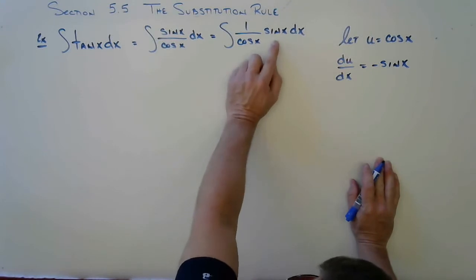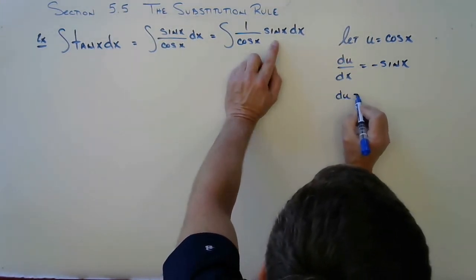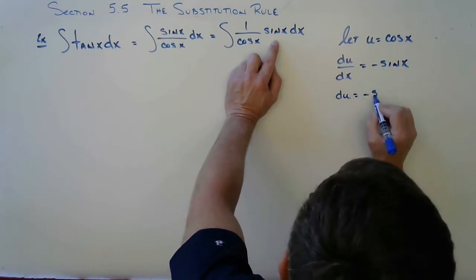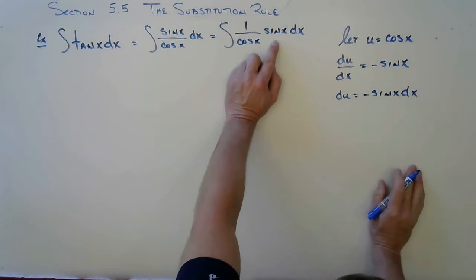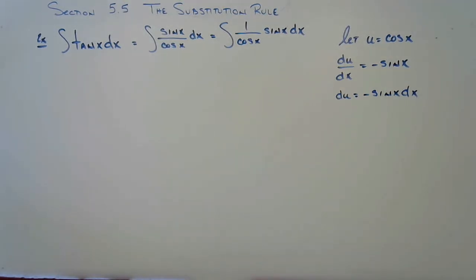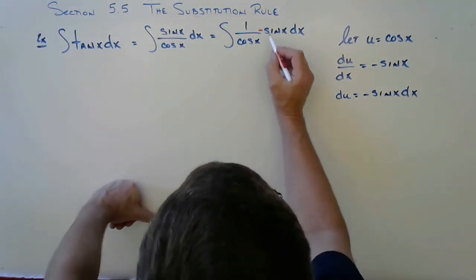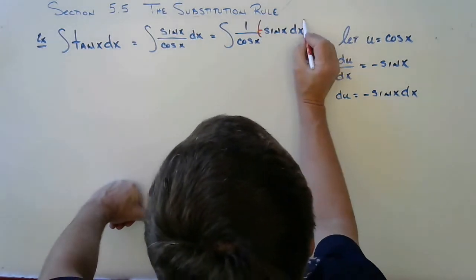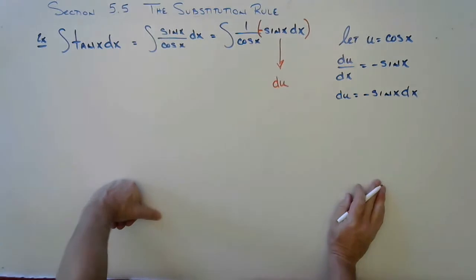Well, I happen to have a sine x right here. du, when we treat these as differentials, turns into minus sine x dx. And if I take a look at my problem, this, if I introduce a minus here, right, this turns into du, doesn't it?